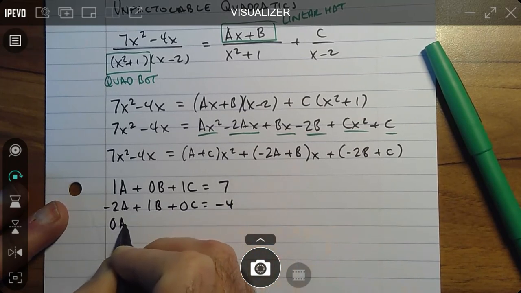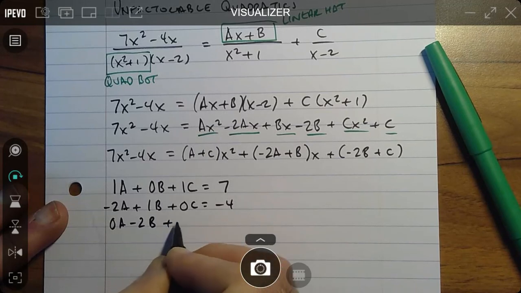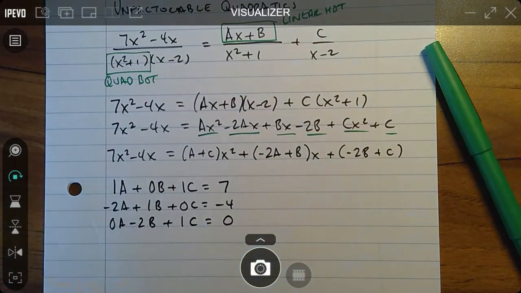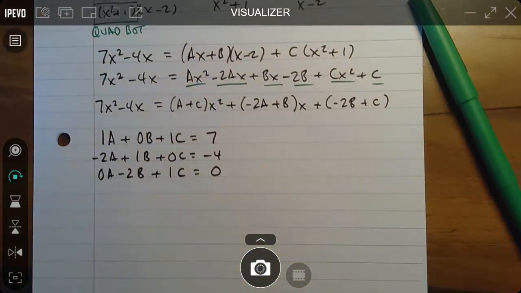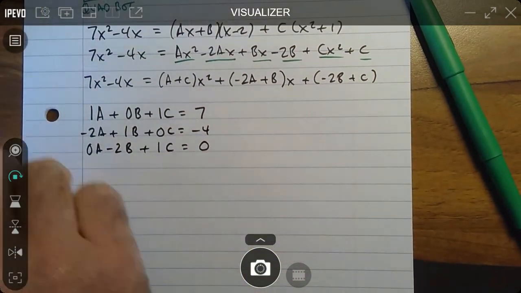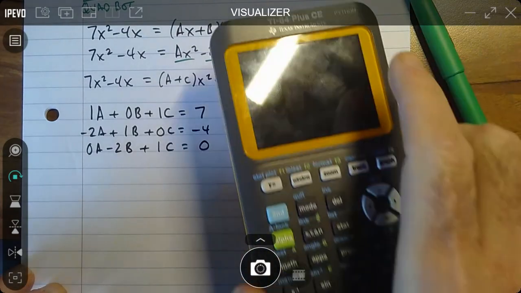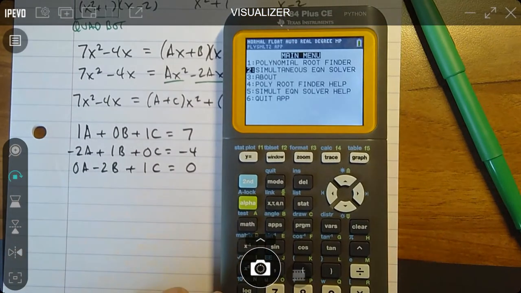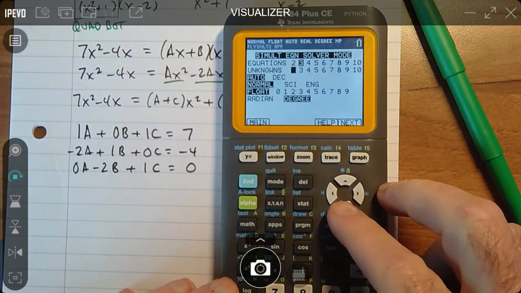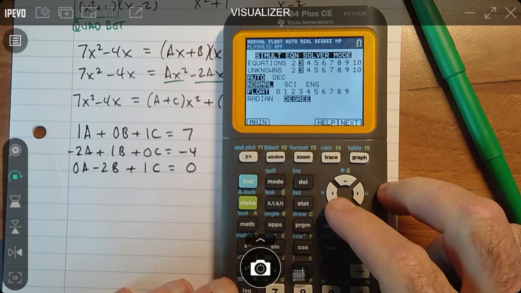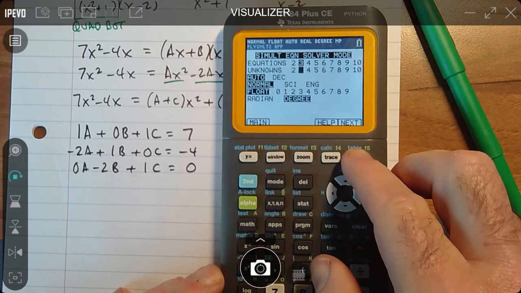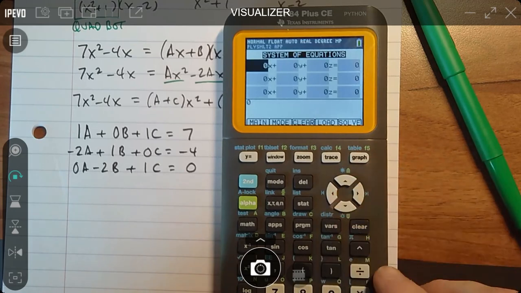And 0 a's minus 2 b's plus 1 c is 0 for the constant. So getting your grid together here, and then we can head back to our friend PLYSMLT and go to a 3 by 3 system and hit next and just load it in.